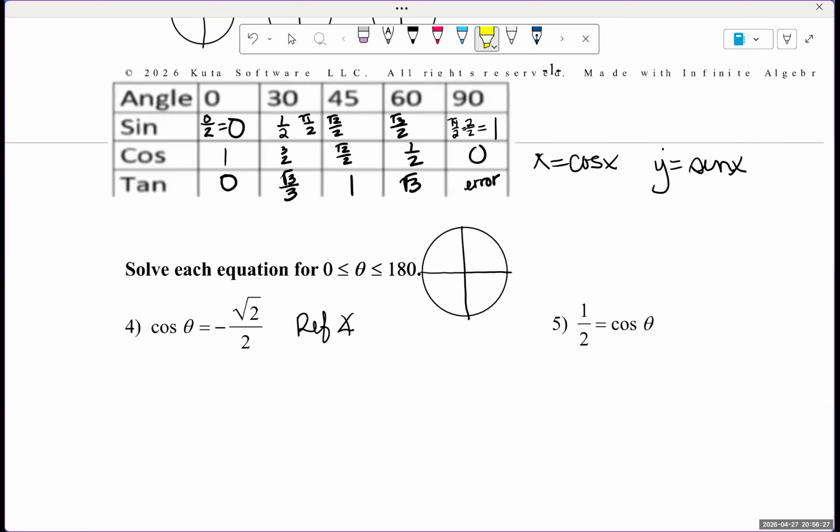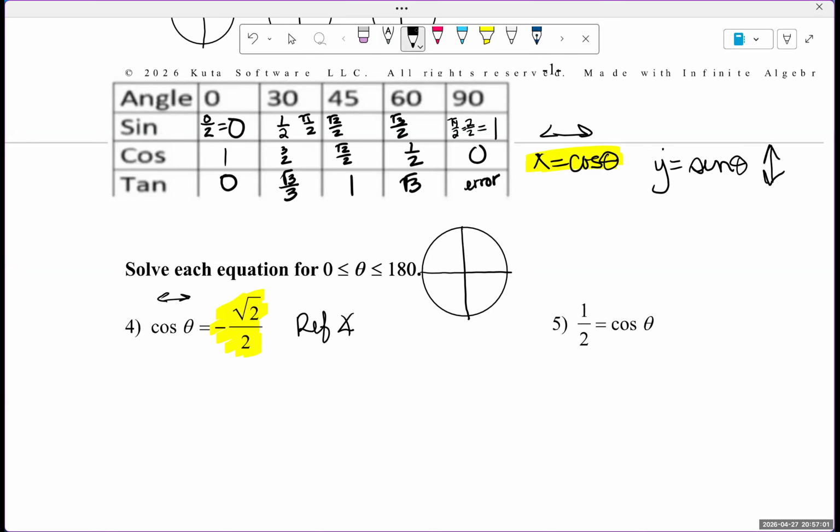Absolutely, but this is going to help us understand a little bit better where this is coming from. So, cosine of theta is negative square root 2 over 2. Now, remember that we've learned that x is cosine, so cosine is this direction, and y is sine.